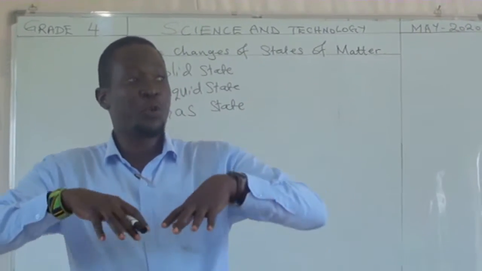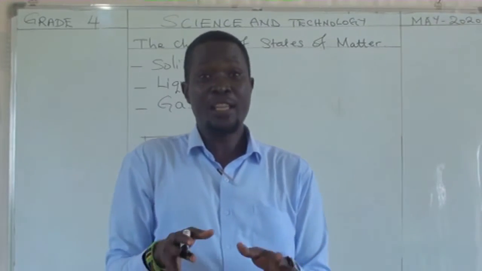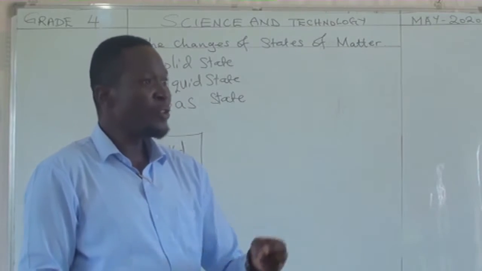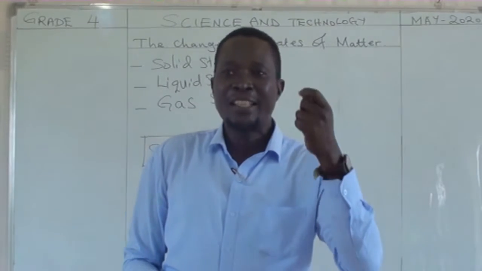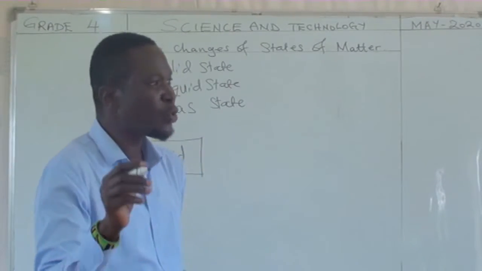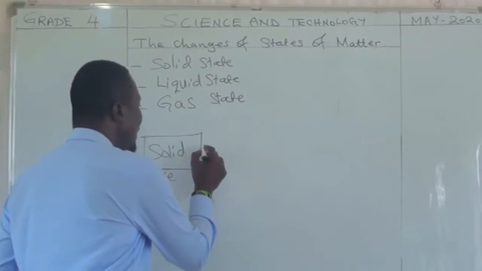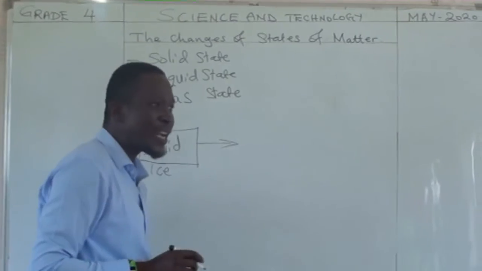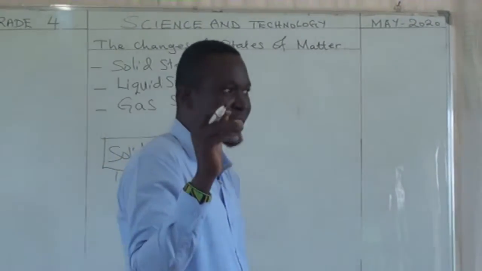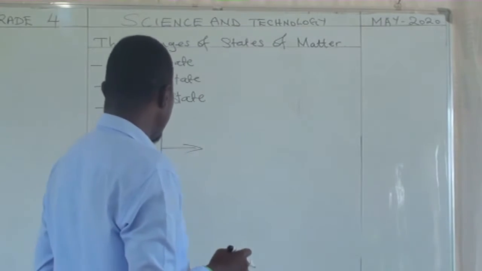It is exposed to the environment where the temperature is different from where it was kept. And you find that as time goes, the ice begins to melt. Why does it melt? Because there is a change in temperature, right?